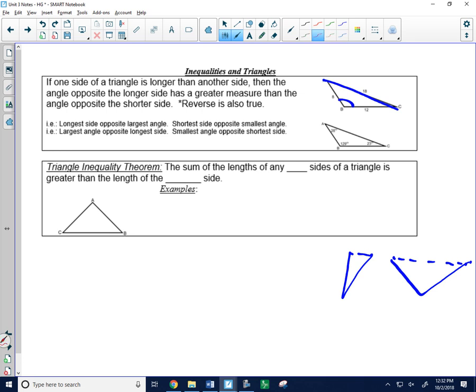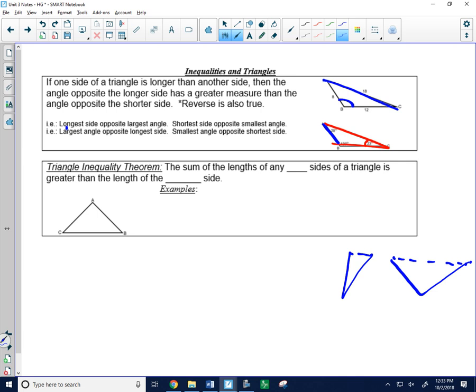If you have a small angle, like this one, then the opposite side is going to be the shortest side in that diagram. So the longest side of your triangle corresponds with the largest angle that's opposite. Smallest side of the triangle corresponds with the smallest angle. Hopefully that's one that just kind of makes sense. There's not going to be any direct questions on that. But who knows? Maybe if they give you something, this could help you eliminate an answer choice.